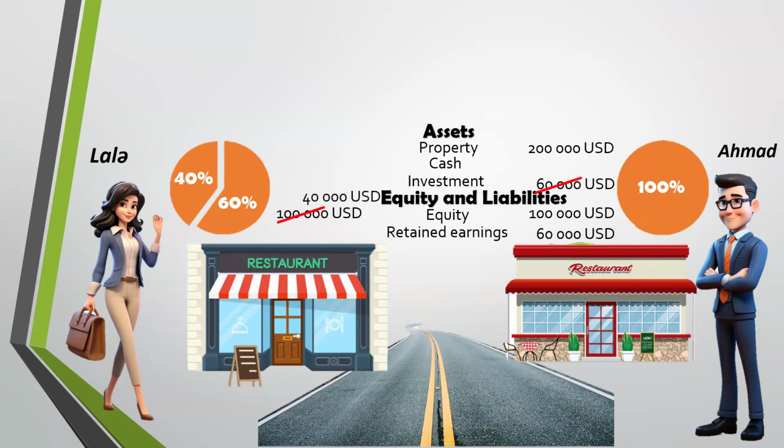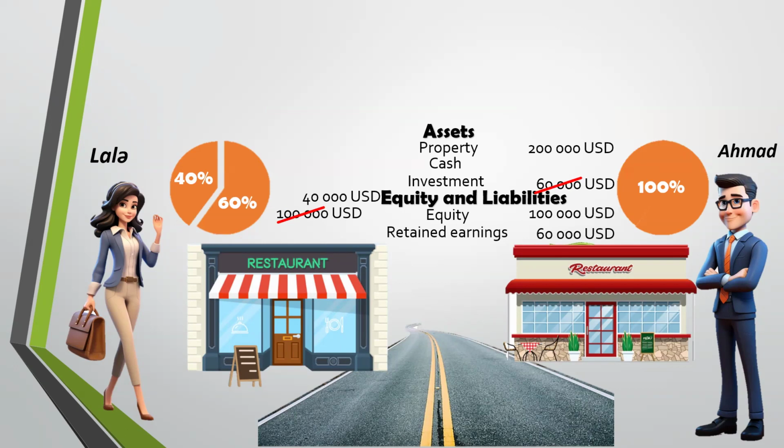The investment is cancelled in the consolidated statement. So the company cannot invest in itself, and this amount is netted off with the capital account in the other company. However, because Ahmed did not fully buy the other company, all his capital is not netted off.